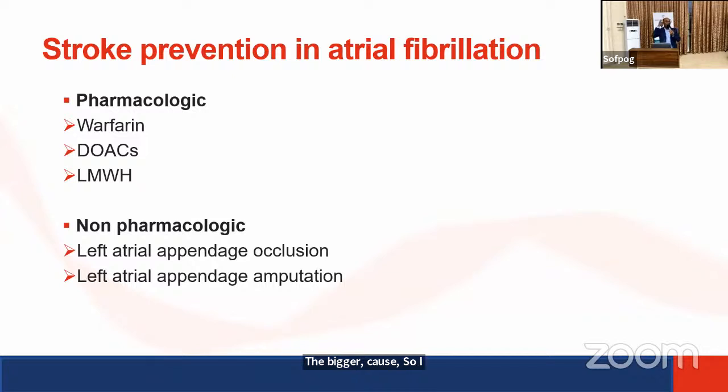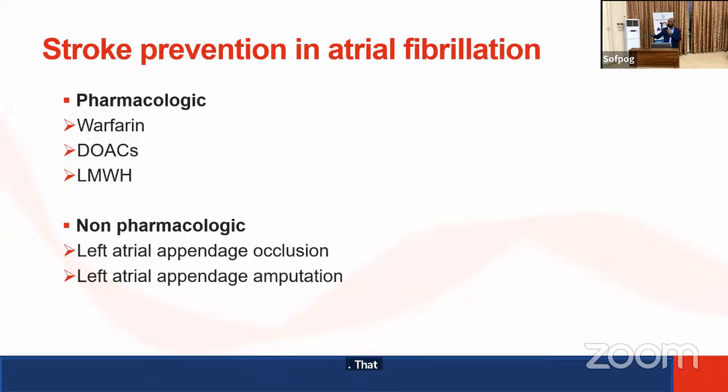In atrial fibrillation, the atrium has an outpouching called the atrial appendage, and most of the time, because the atrium is not contracting as we want, it fibrillates. As it fibrillates, there is stasis, one of the mechanisms for clot formation. The blood stays there, and then the clot is formed.